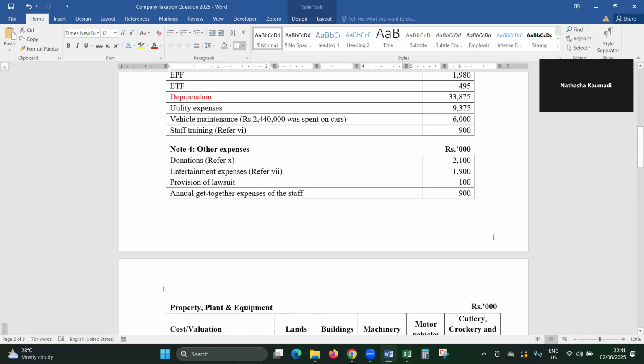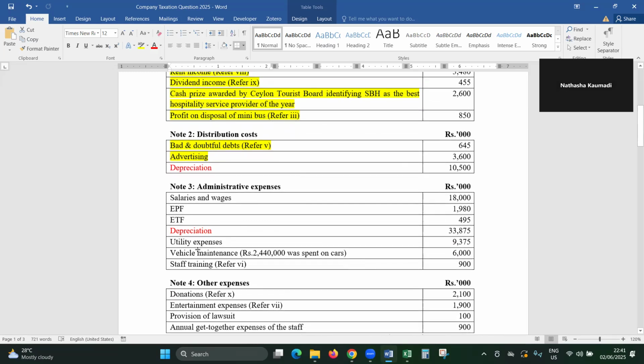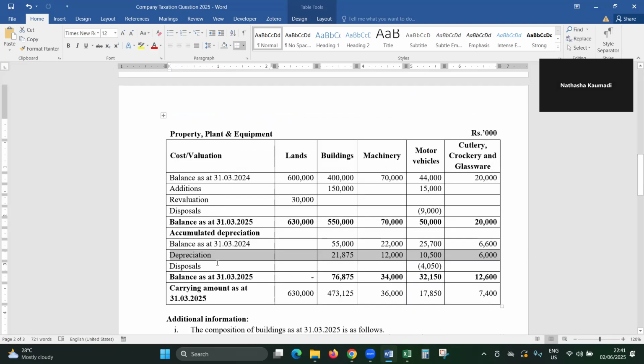50,375, which is higher than the combination of just 10,500 and 33,875. Why is that? The combination of this depreciation and this depreciation is lower than the depreciation they have mentioned in the PPE. Because this is the total depreciation.